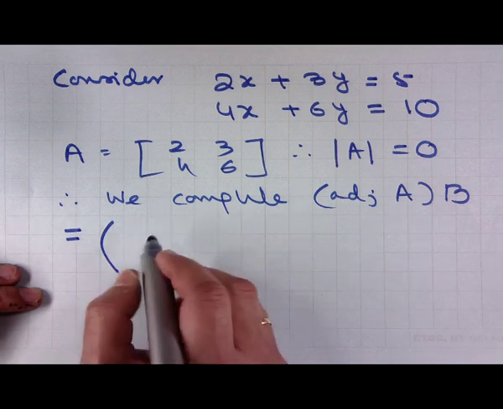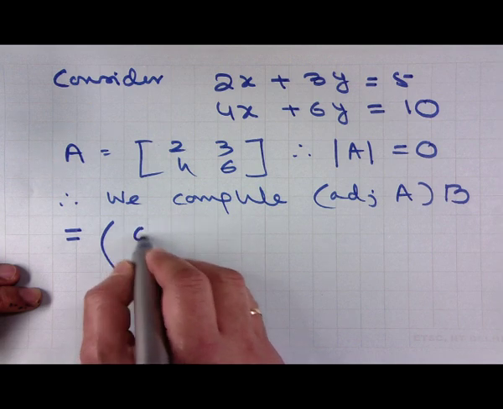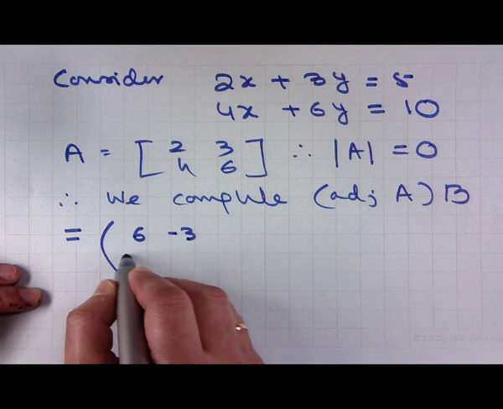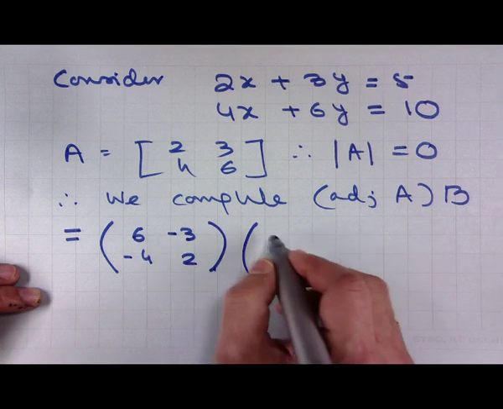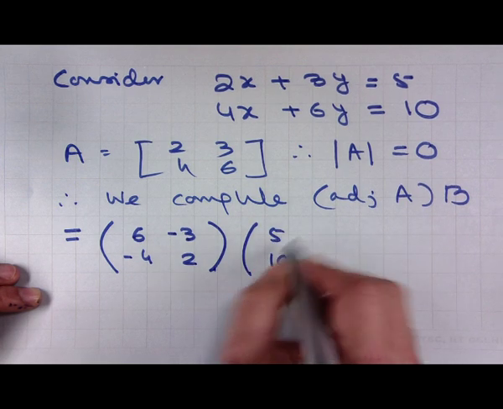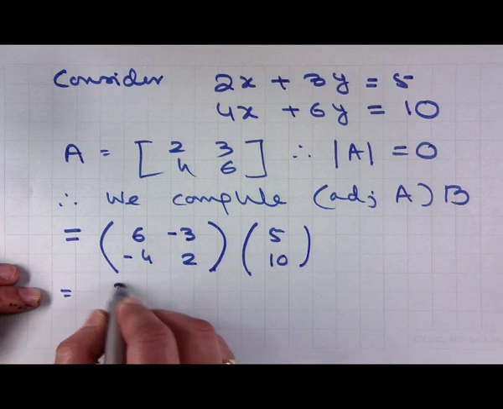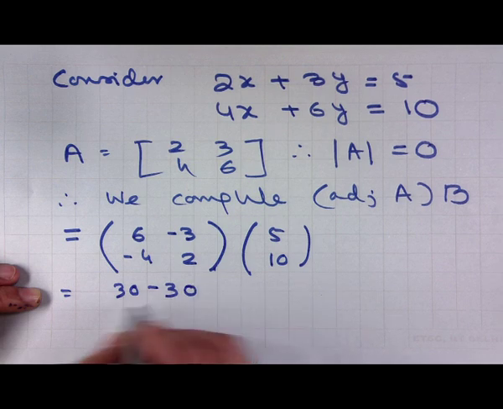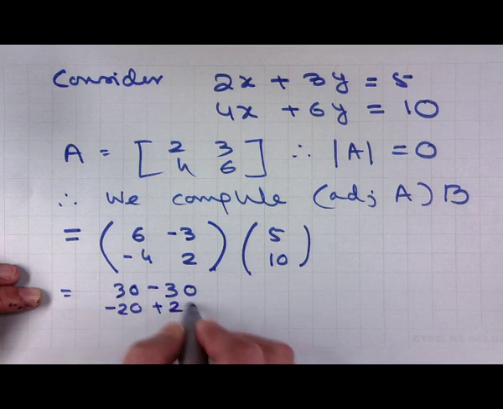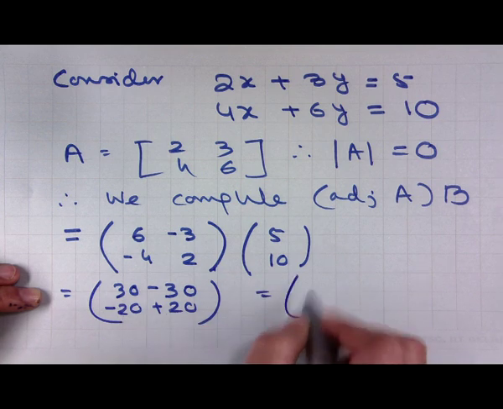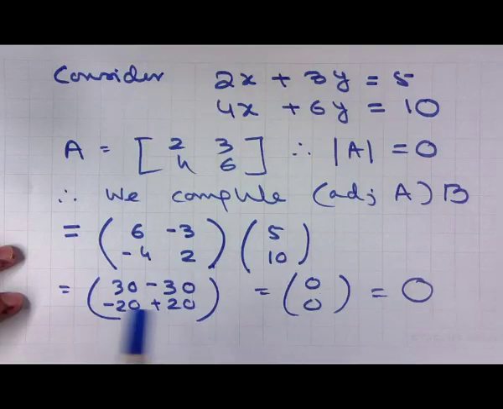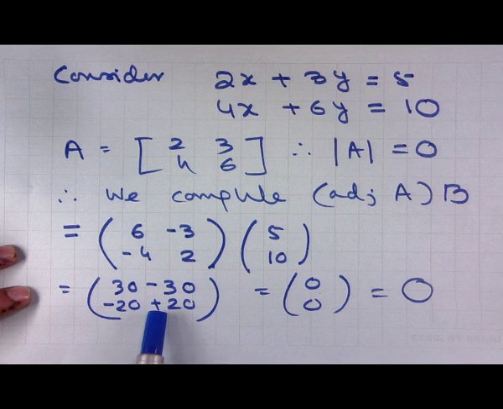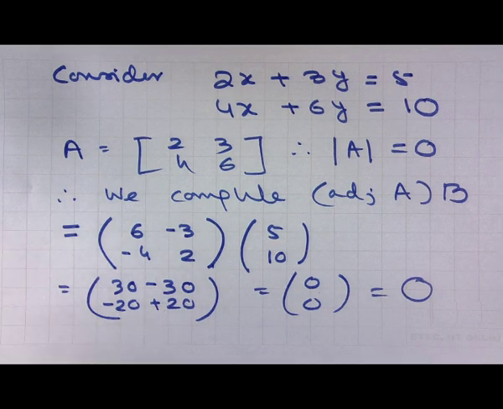Therefore, the adjoint of this matrix is 6, minus 3, minus 4, 2, and if we multiply this with 5, 10, we get 30 minus 30, minus 20 plus 20, is equal to 0, 0. Therefore, determinant of A is 0 and we find adjoint of A multiplied by B is 0.